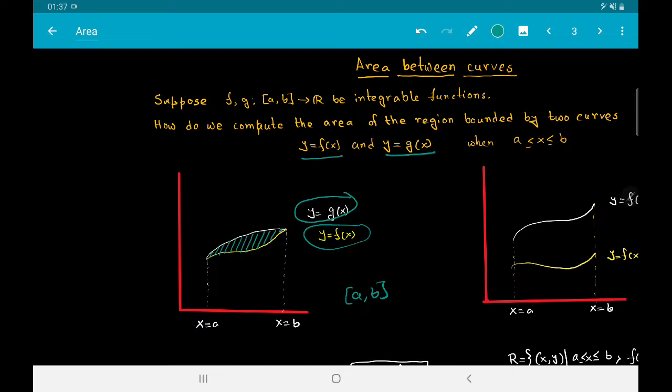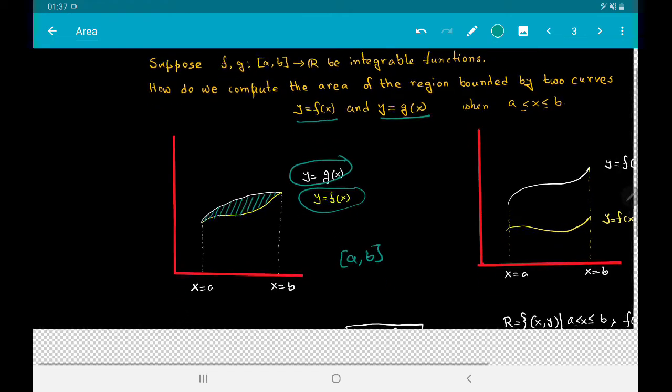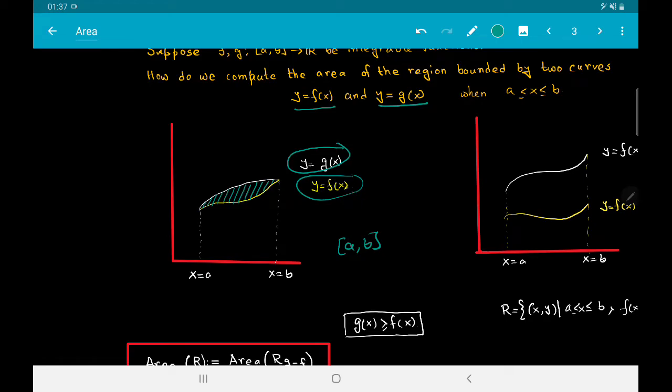Here y equal to g(x) is pictorially represented by this white line, and y equal to f(x) is represented by the yellow line. You may observe that the white line never comes below the yellow line, and this is exactly represented by the inequality g(x) is bigger than or equal to f(x) for all x in the closed interval [a, b].